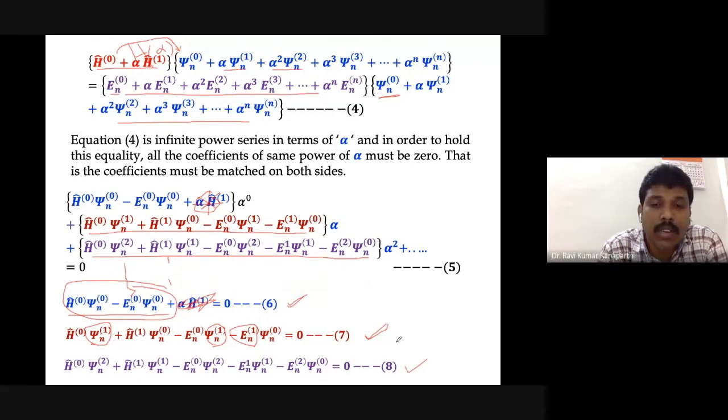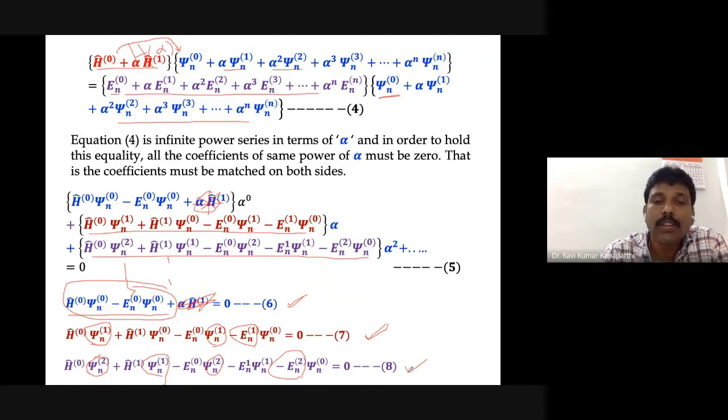So this is interesting. Similarly, if you look here, psi 2 is the second order correction to the wave function, and En2 is the second order correction to the energy. So these equations, number 7 and 8, are very much interesting to us.